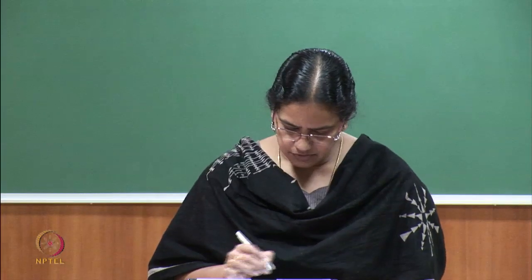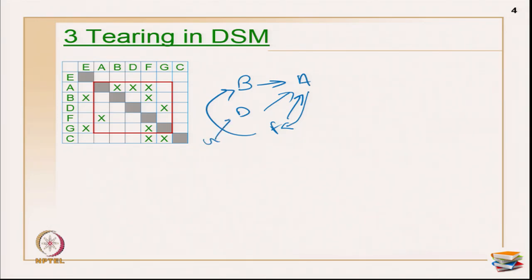Now, if I start evaluating this, B gives information to A, D gives information to A, F also gives information to A, F gives information to B, A gives information to F, G gives information to D, and F gives information to G. Have I identified all the relationships?